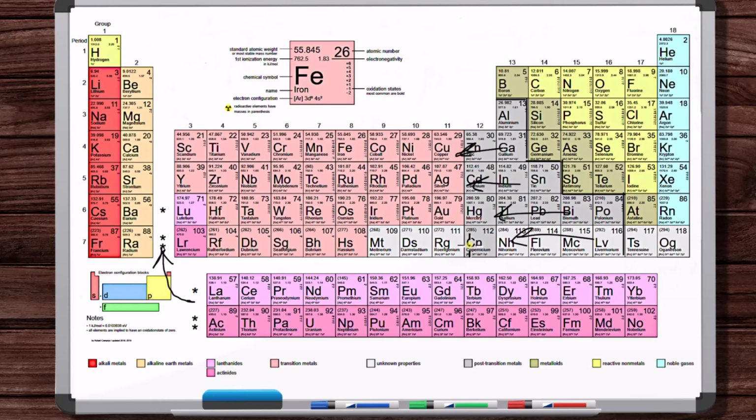Okay, now from a chemical perspective, the main characteristic of a metal is that if it's going to create an ion, go into an ionic state, the vast majority of the time, this is going to be a cation. It's going to give up one or more electrons.